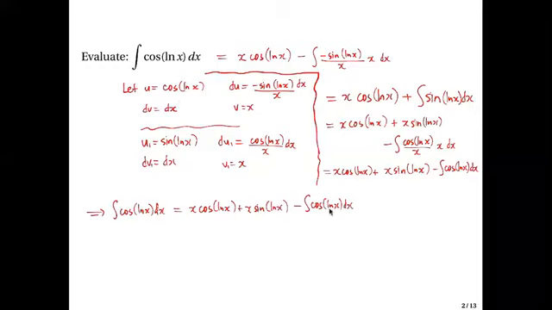So if we bring this integral on the right-hand side to the other side, we'll just have twice this integral equals this guy here. Okay?